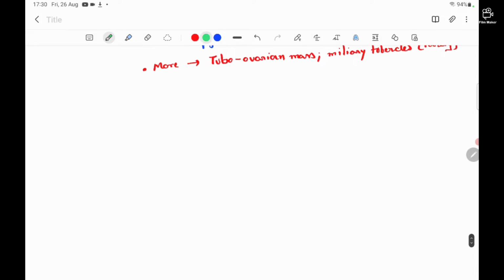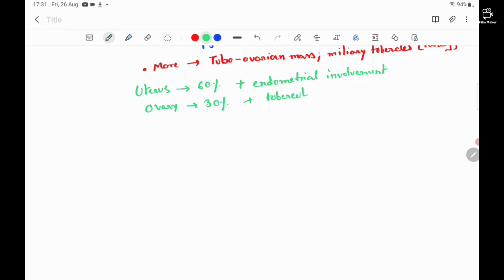Now, speaking about involvement, 60% of the cases are with endometrial involvement. And ovary, 30% of the cases with tubercular salpingitis.